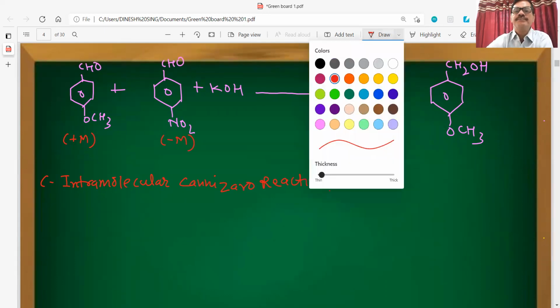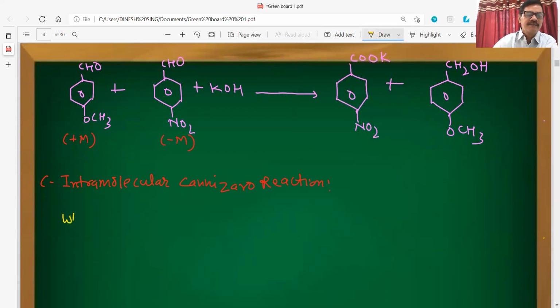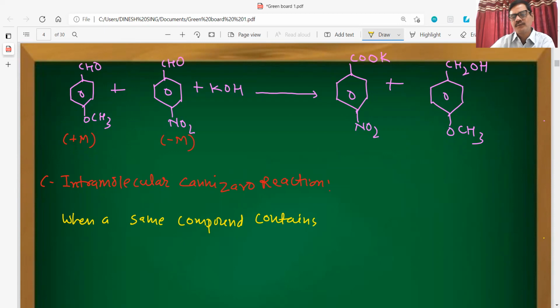The condition for this is when the same compound contains two aldehyde groups.